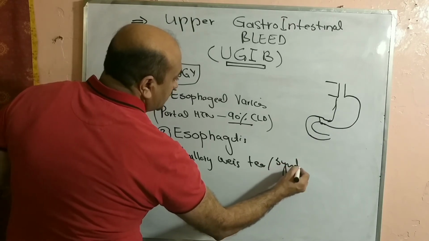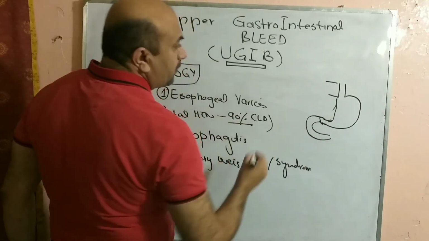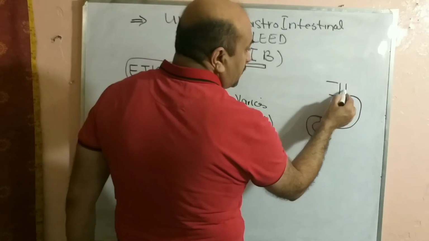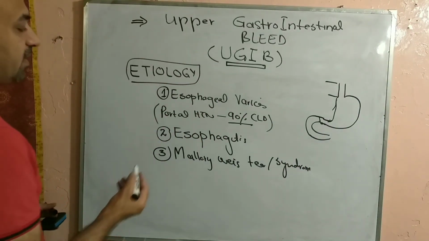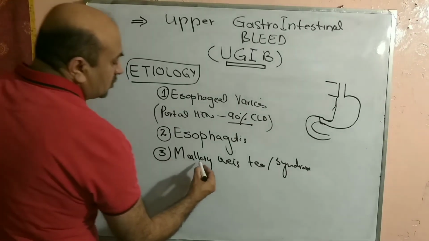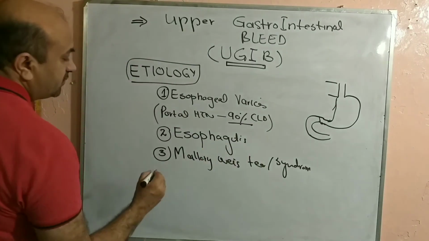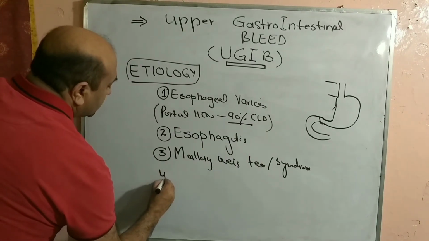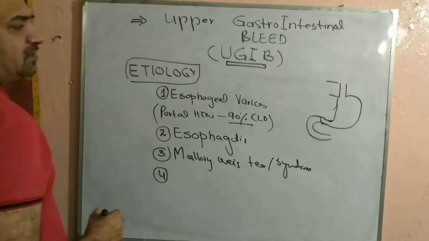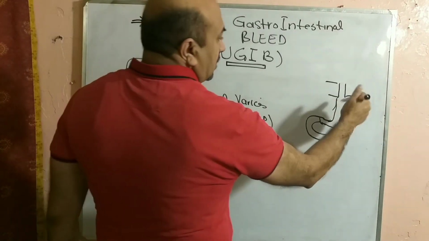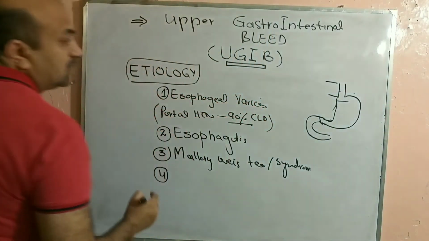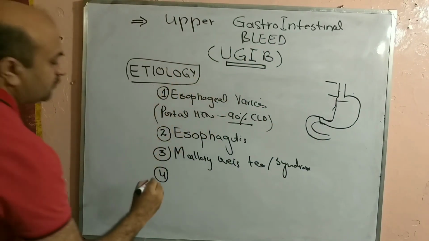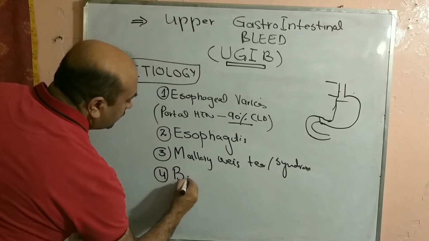Sometimes what happens is that because of very excessive vomiting, there are some veins or arteries that get ruptured and start bleeding, which we call Mallory-Weiss tear or Mallory-Weiss syndrome. Now another cause can be very severe vomiting, which can actually rupture the lower part of the esophagus or upper part of the stomach, and the patient may bleed very heavily. We call it Boerhaave syndrome.